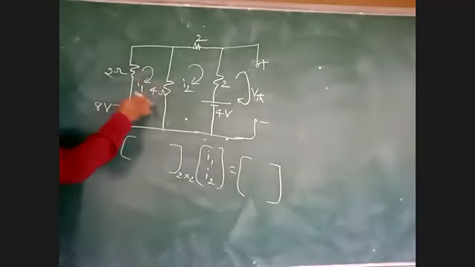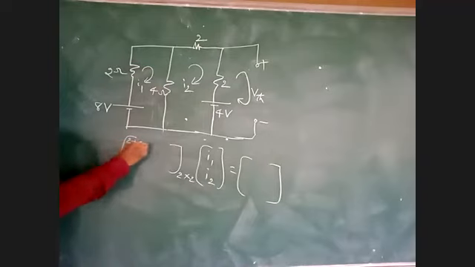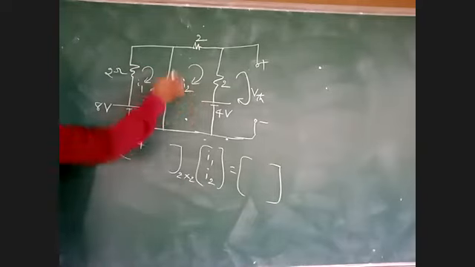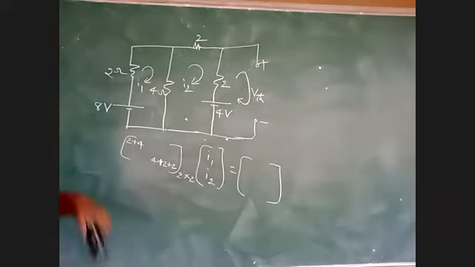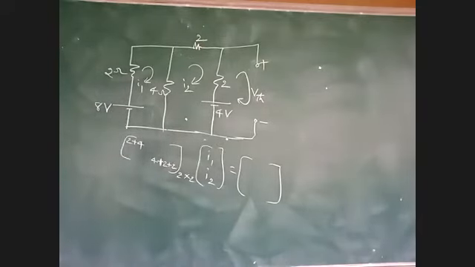First write the diagonal elements. The sum of all resistances in the first loop is 2 plus 4. The sum of all resistances in the second loop is 4 plus 2 plus 2.